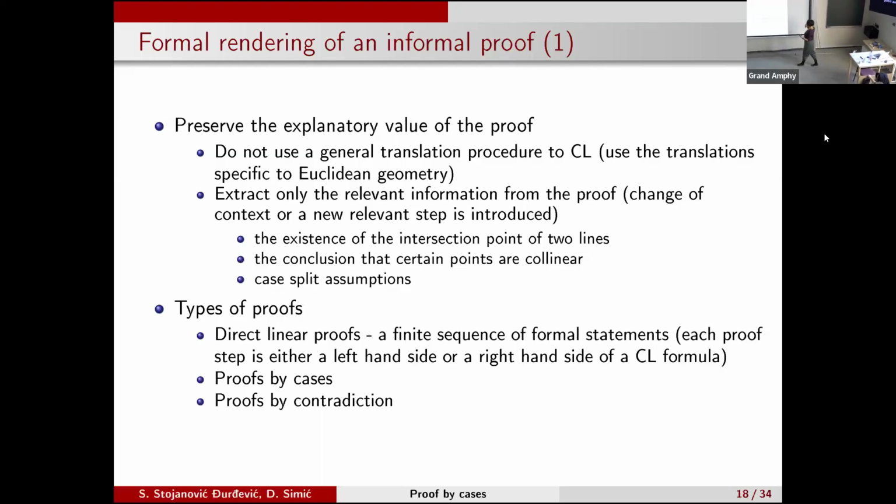So then in this talk, the main thing that we added are actually the case split assumptions. So now we can have direct linear proofs, but we can also express proof by cases, and we can also express proof by contradiction.